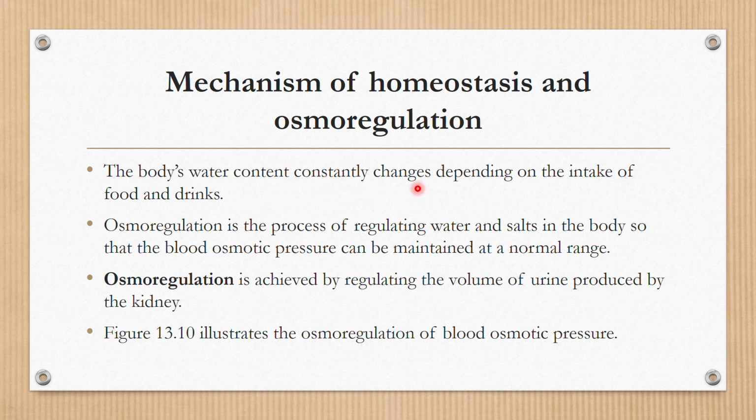This is for sure, because it depends on the intake of our food and also drinks. So what is osmoregulation? It is the process of regulating water, and don't forget to mention the salts, or the dissolved ions in the body, so that the blood osmotic pressure can be maintained at the normal range. So osmoregulation is achieved by regulating the volume of urine produced by the kidney.